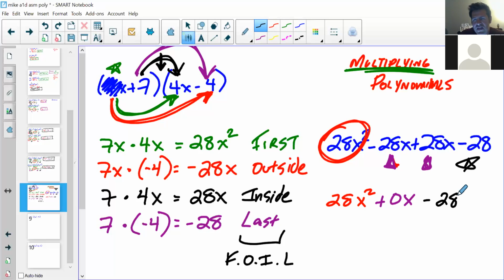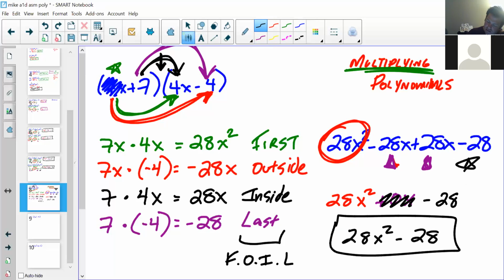You might be ahead of me and say, well, we don't really write down things that involve 0x. 0 times x would just be 0, which is fine. I just wanted to show what was going on there. So if I had to write this out as a final expression with all of my terms combined as much as they possibly could be, I would have 28x squared minus 28.